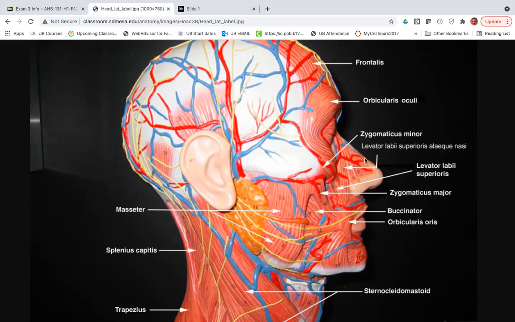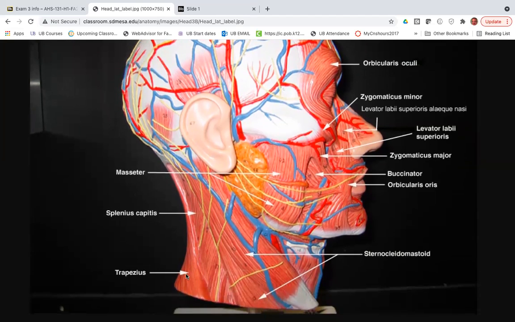And right here, kind of running this way, this would be the nasalis, more horizontally here. There's your buccinator. Here's your sternocleidomastoid. And superficially, that's your trapezius, your upper trap is superficial. And if we were to dissect that and peel it away, remember the one that's just deep to it is called the splenius capitis.